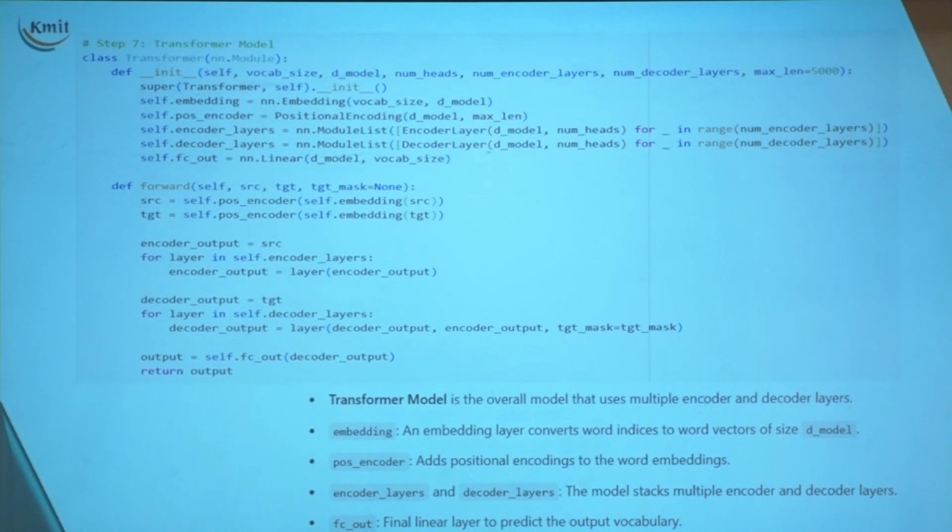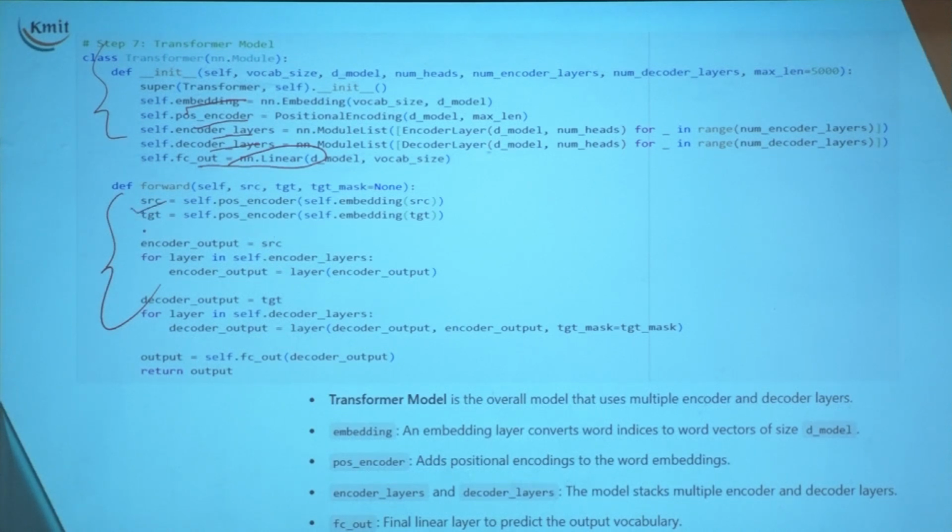Now look at this. Same thing again here. Class, forward. In class, what am I doing? I take input, embeddings of the input, position encoding, encoder layer, decoder layer, final output, which is nothing but the linear output. Okay.